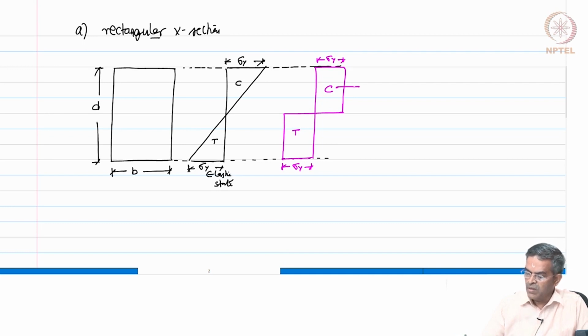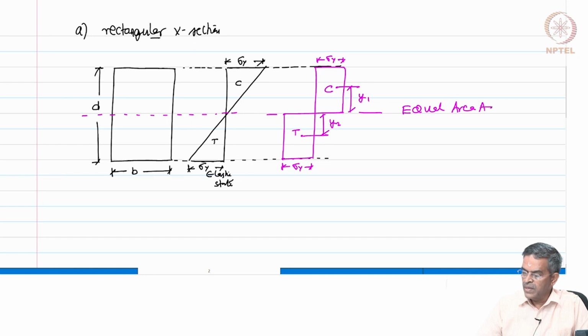So, we call this centroid y1 and this centroid y2. Now this axis is termed as equal area axis, because about this axis the total compressive force is equal to the total tensile force.